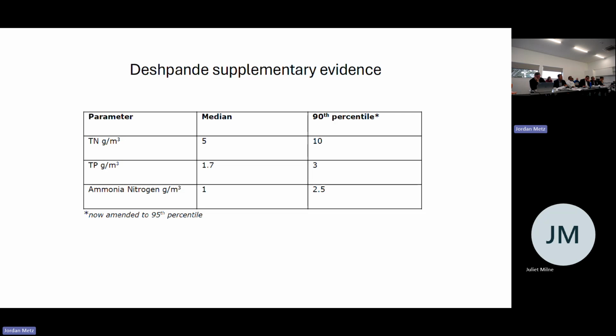It's quite simplistic, I guess, but from the modelling work that you've done, would you be able to comment on whether that would be achievable?